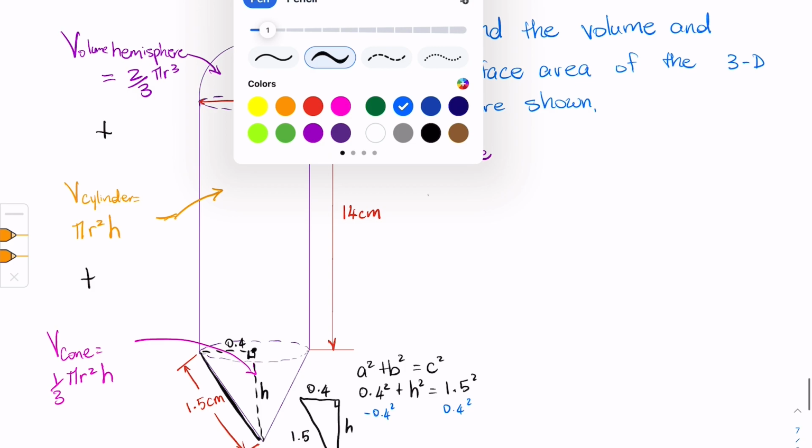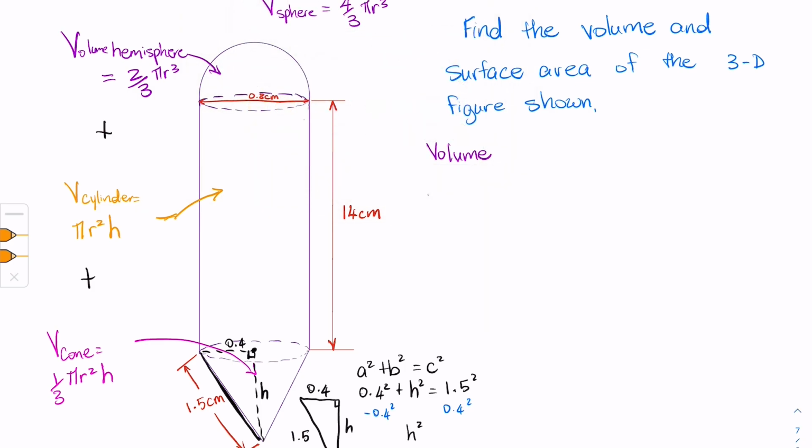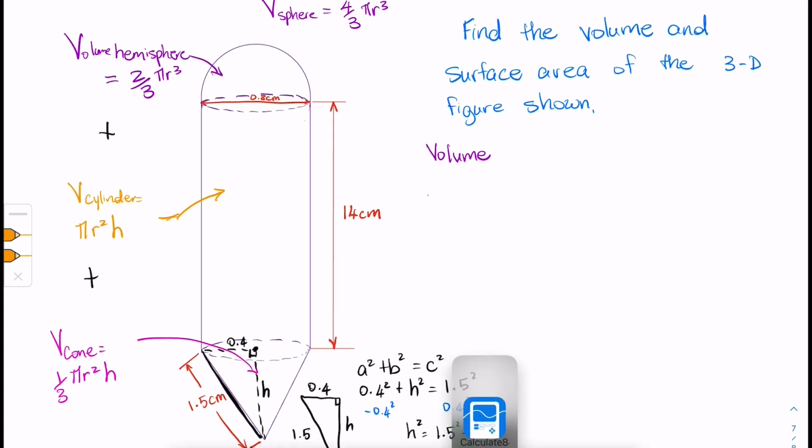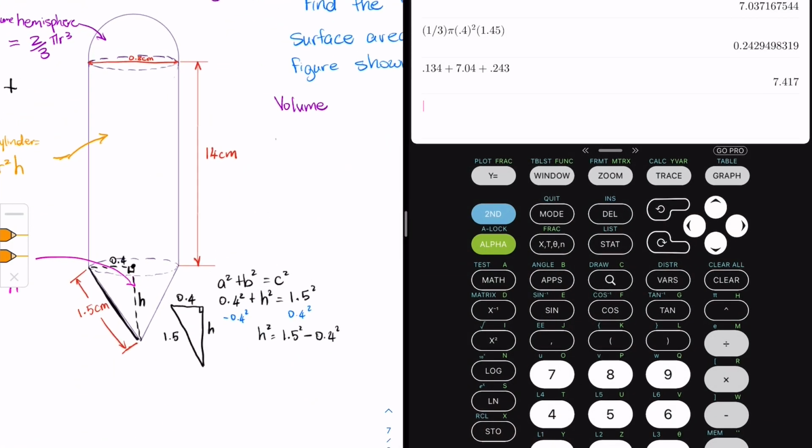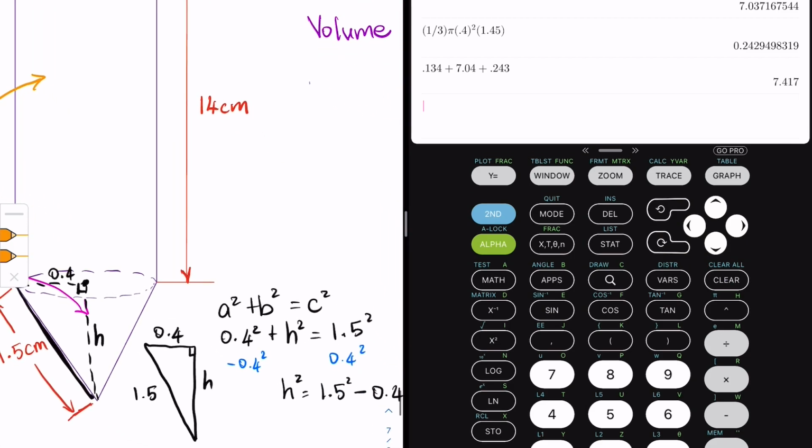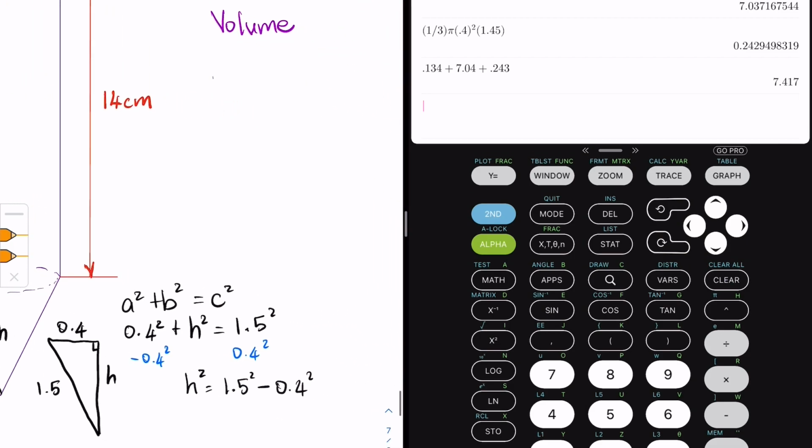And so we get that h squared is equal to 1.5 squared minus 0.4 squared. All right, so now we can calculate what h is. 1.5 squared minus 0.4 squared is equal to 2.09. So h squared is equal to 2.09.